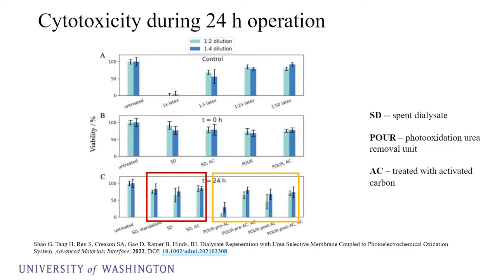On the right, however, it's quite different. From the left, we have the POR pre-AC. That means the samples collected in the photo oxidation units that were not treated with activated carbon. That's very cytotoxic. Then after a short activated carbon treatment, the cytotoxicity was almost removed.